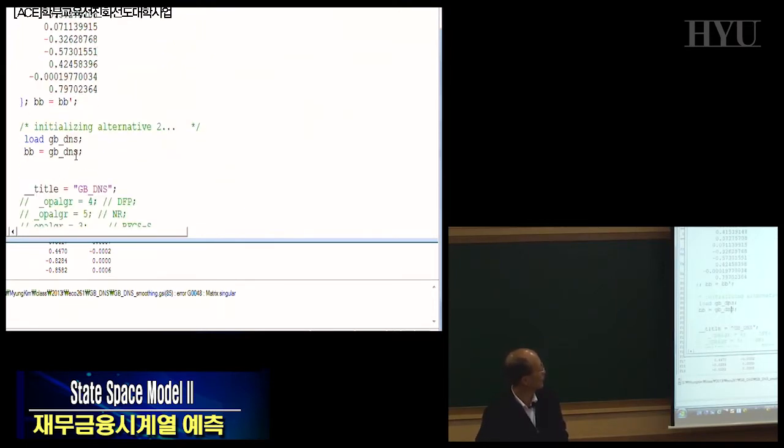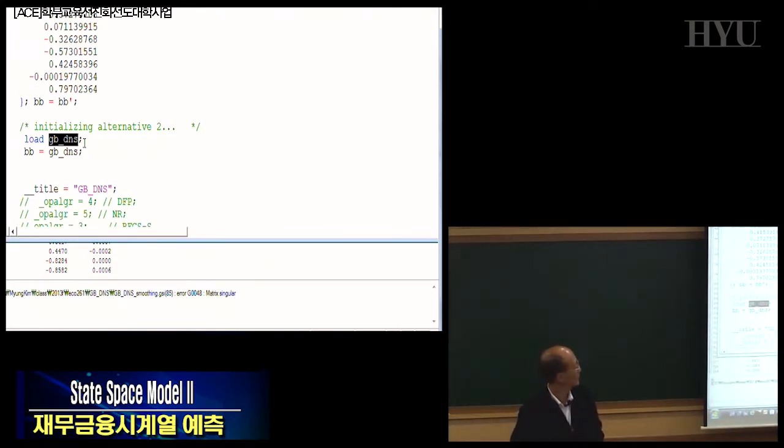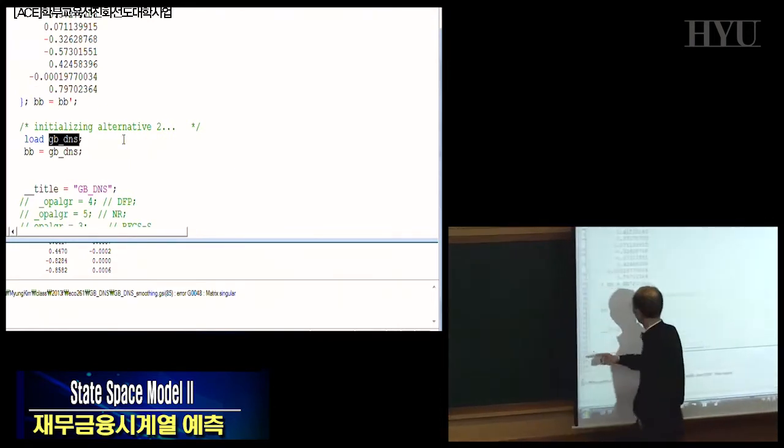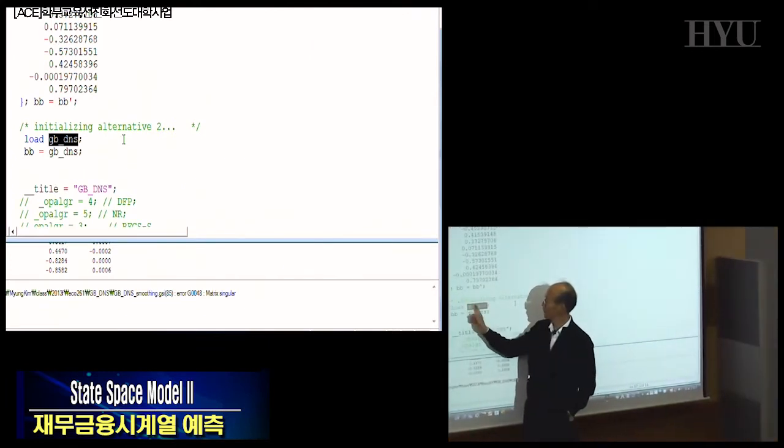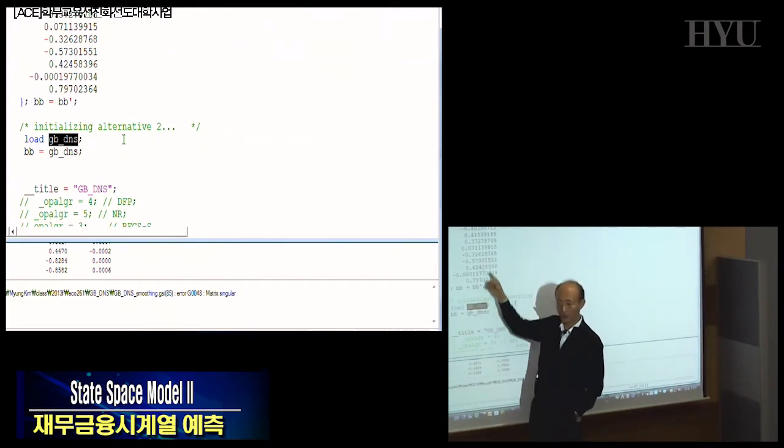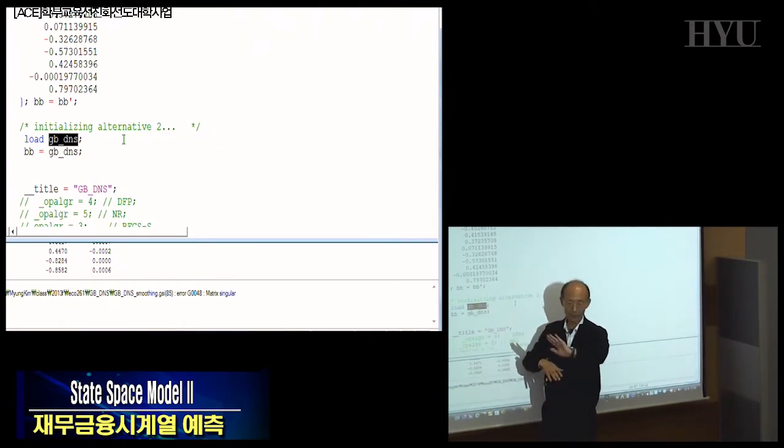Here's another way of initializing. I save something that looks like this one, BB, under this name. So when I say GB DNS equals BB, and then save GB underscore DNS and hit enter, this is saved in the current working directory with a file extension FMT.